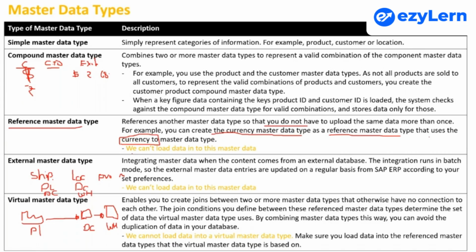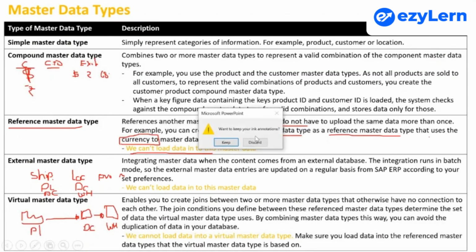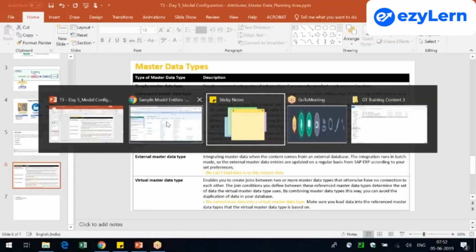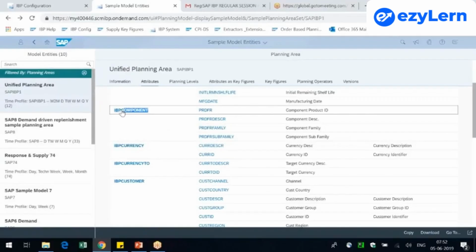And we cannot actually load data into this master data. If we come back to this example, the components, we cannot load any data. For example, you're making the smartphone and then you need a chip, you need a speaker.